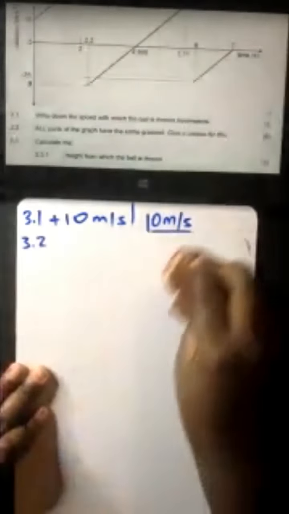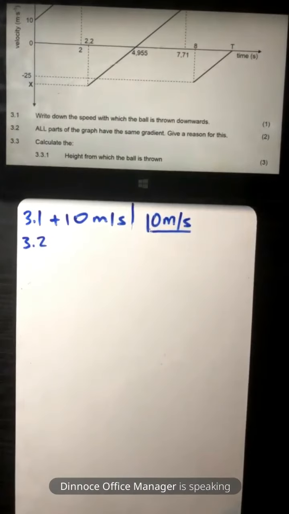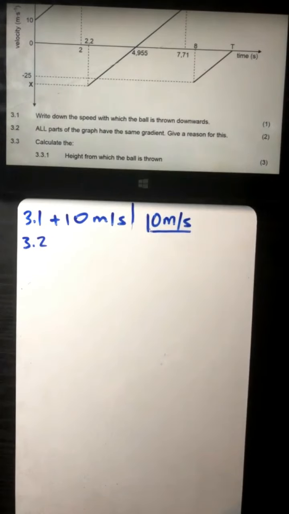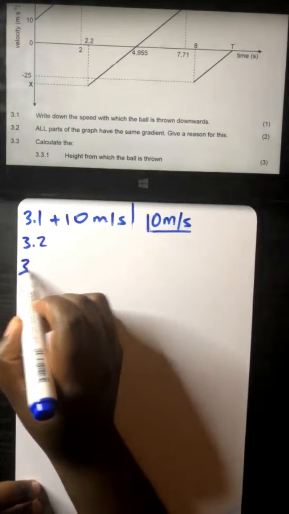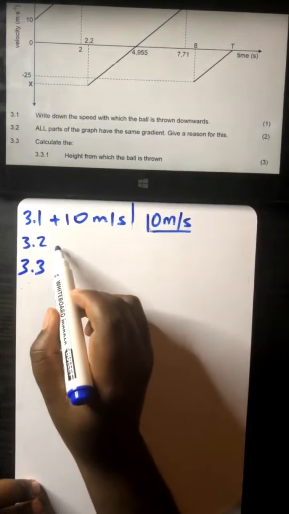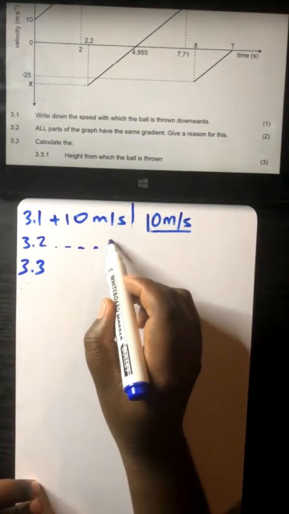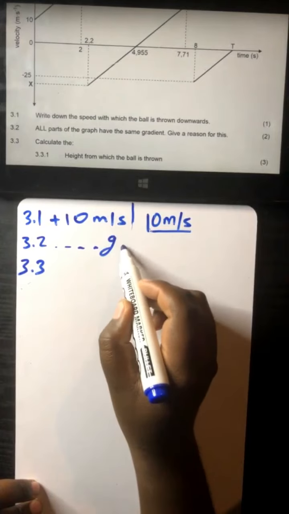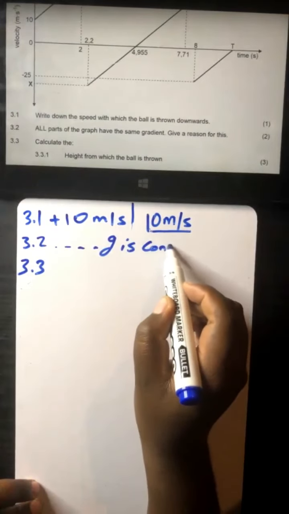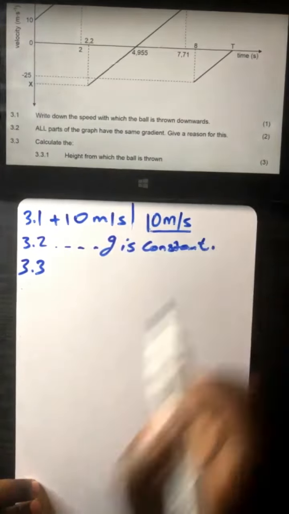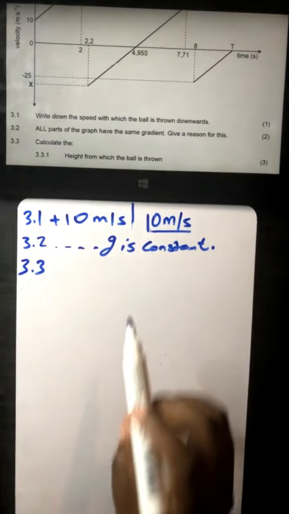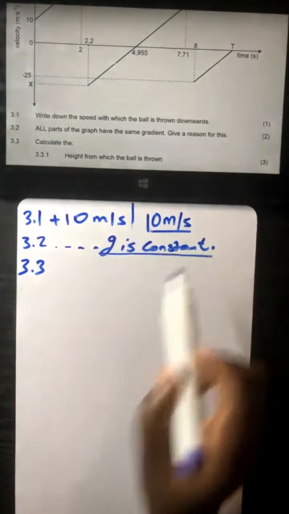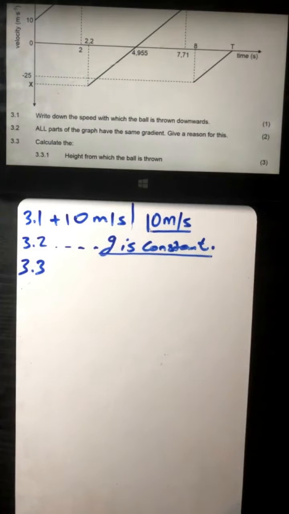So what I explained is that G is constant. You can explain it in different ways, but what matters the most is that we need to have that part in your answer.